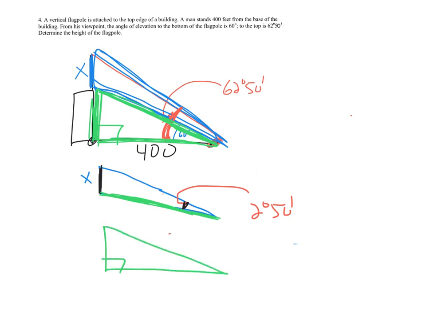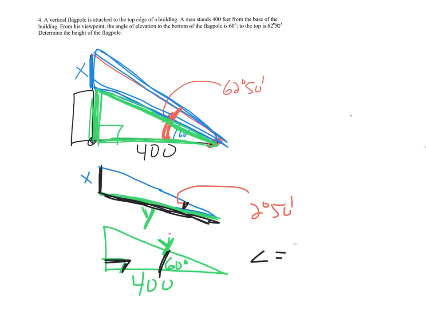This is a right triangle, so I can use SOHCAHTOA. I know this bottom angle is 60, and I know this is 400. So I can figure out the hypotenuse of that green triangle, which is the same as the bottom of this blue triangle. I can use SOHCAHTOA because I have a 90-degree angle.